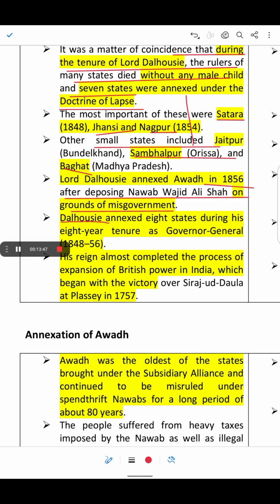Dalhousie annexed 8 states during his 8-year tenure as Governor General from 1848 to 56, and his reign almost completed the process of expansion of British power in India, which began with the victory over Siraj-ud-Dawla at Plassey in 1757.